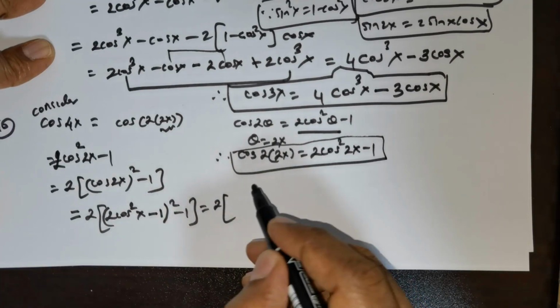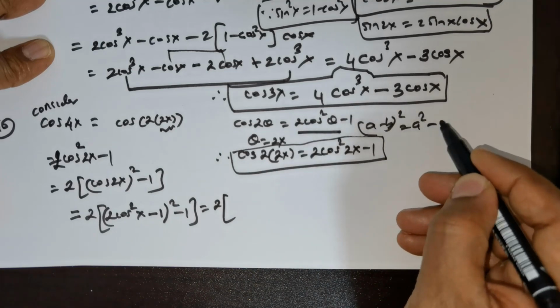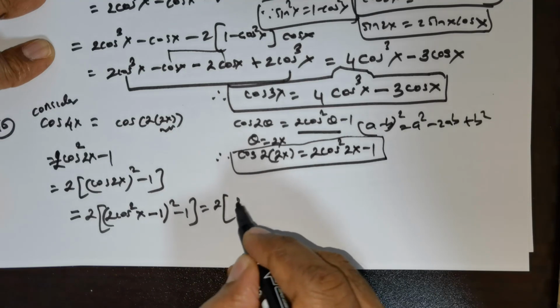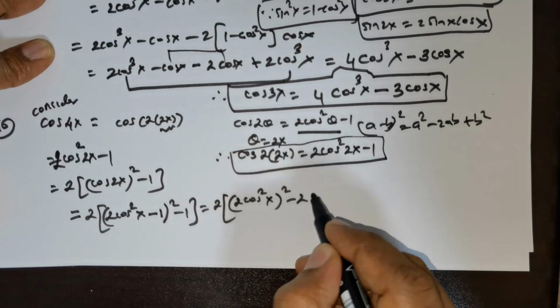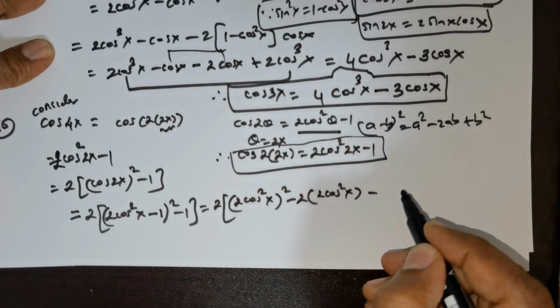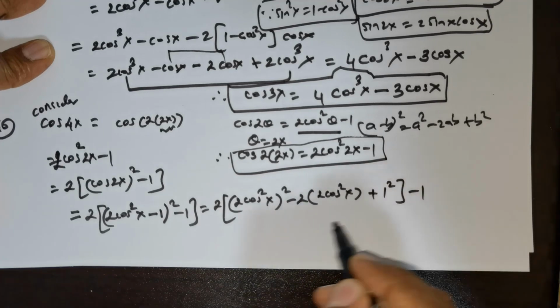So you use the (a negative b) whole squared formula, which is nothing but a squared negative 2ab plus b squared. That is going to give me 2 times (cos squared x) raised to the power of 2 minus 2 times cos squared x plus 1, raised to the power of 2 negative 1.